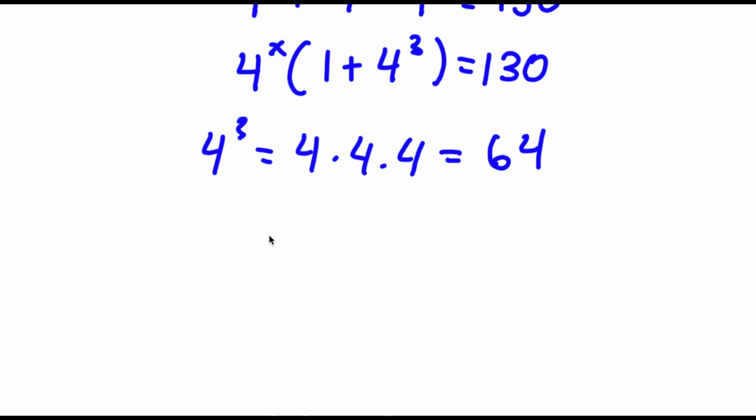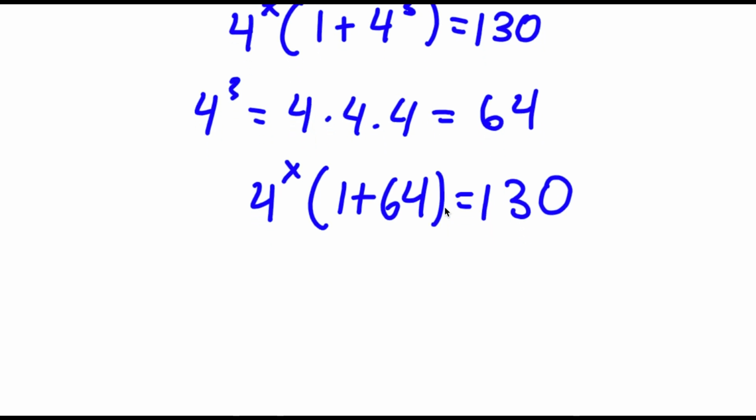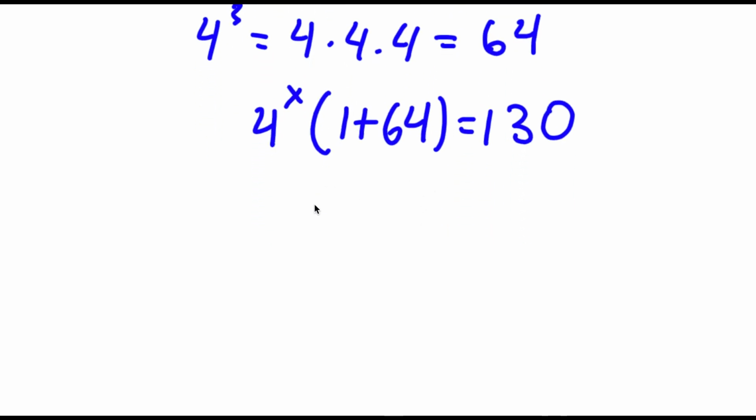So now I have 4 to the power of x times 1 plus 64 is equal to 130. Now 1 plus 64 is 65, so I have 4 to the power of x times 65 is equal to 130.